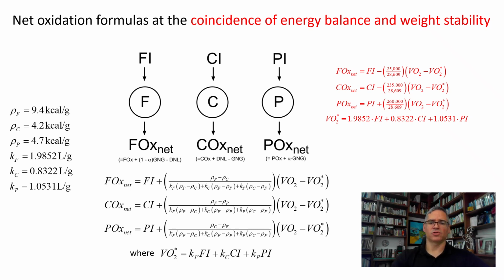That is, under type 1 energy balance, where the average VO2 deviation is negative, under type 2 energy balance, where the average VO2 deviation is 0, and under type 3 energy balance, where the average VO2 deviation is positive. I have placed in the video description a link to a spreadsheet file that implements these formulas to help the audience better appreciate what these formulas are doing.